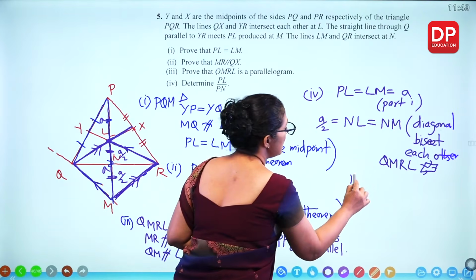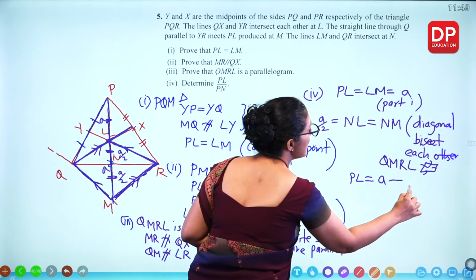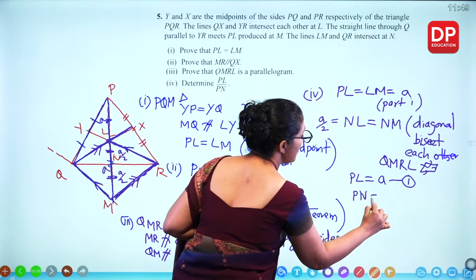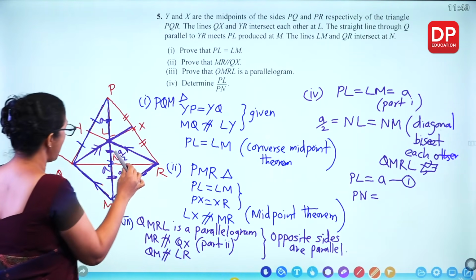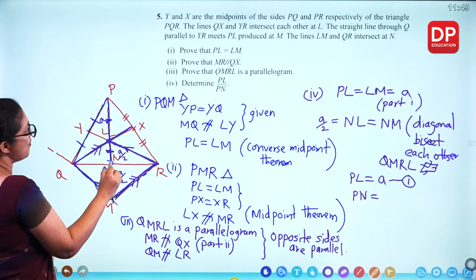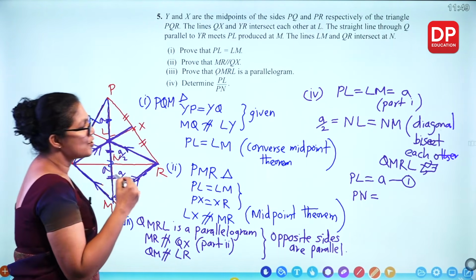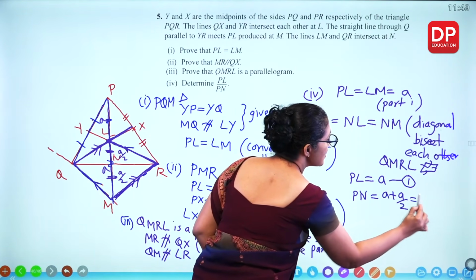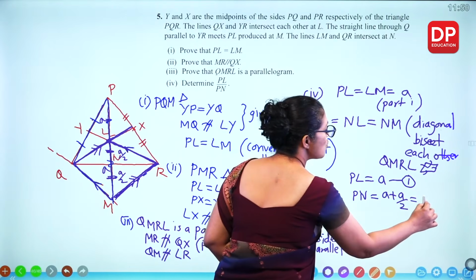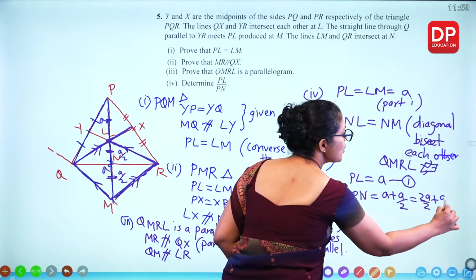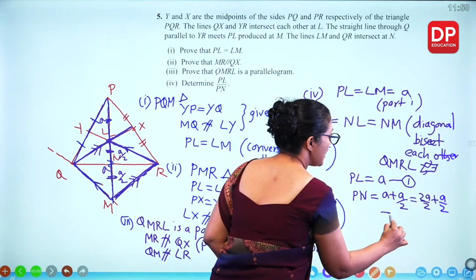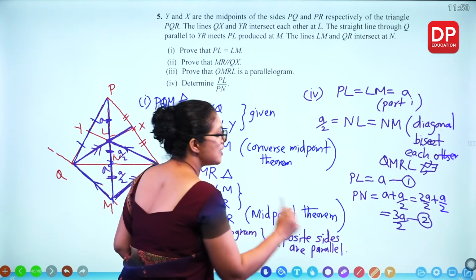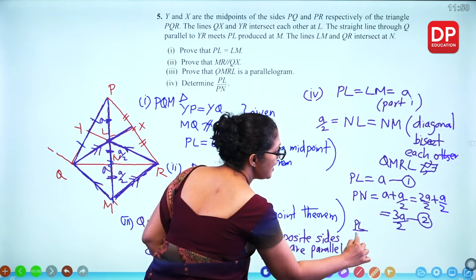PL is A and PN equals, where's PN? Up to here, A plus A over 2. A plus A over 2, this is 2A over 2 plus A over 2 becomes 3A over 2. That's our second one. Divide PL and PN.